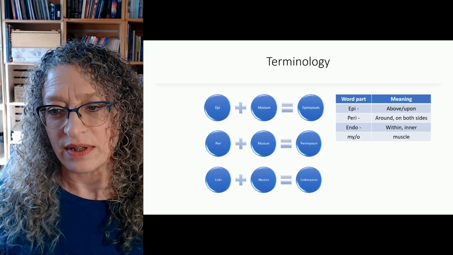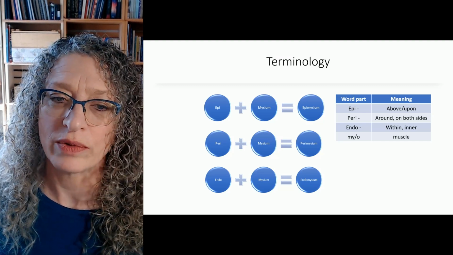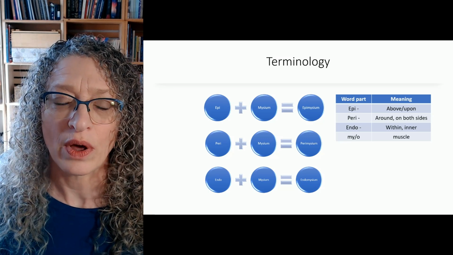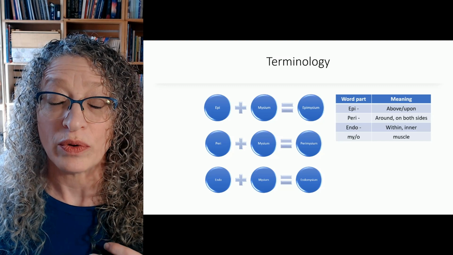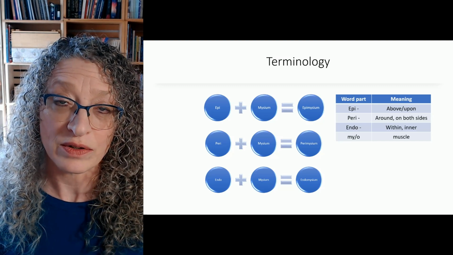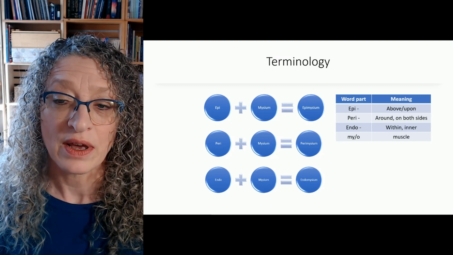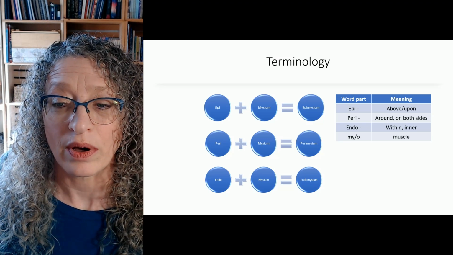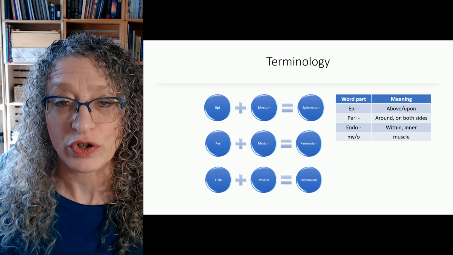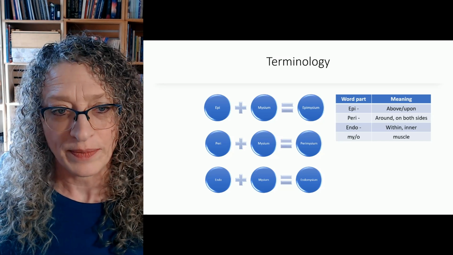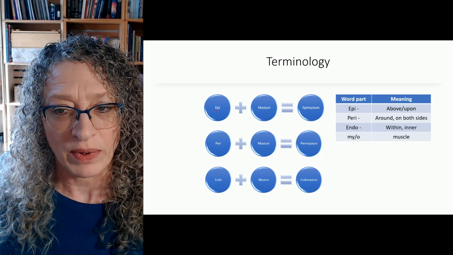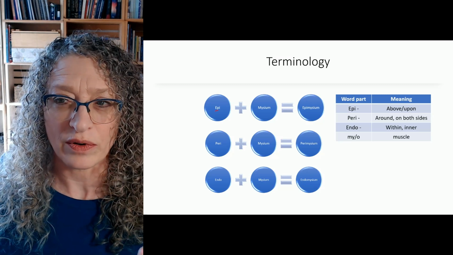So this is basically what I just went over as far as the terminology, so this will help you to appreciate, if you understand those medical terms and the prefixes, that can really help you understand the term and be able to figure out where things are. So we'll go over it one more time. So again, you have epi being above or upon.